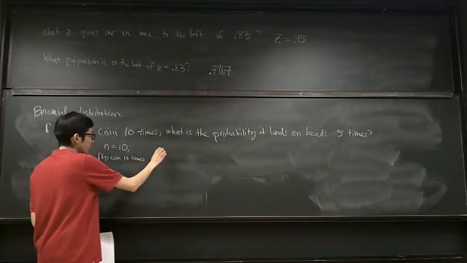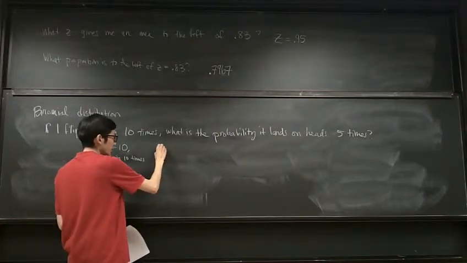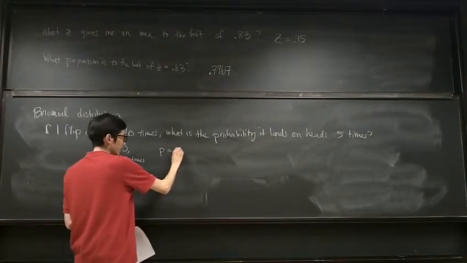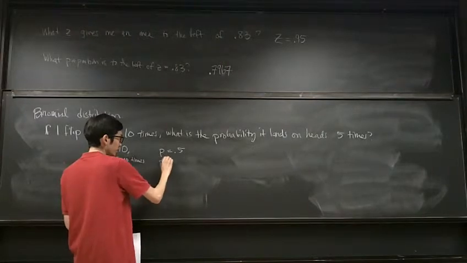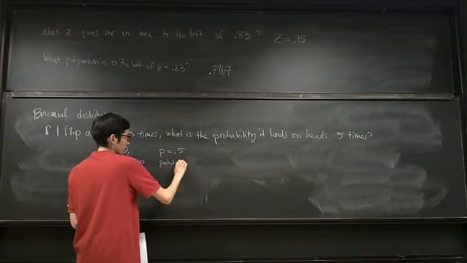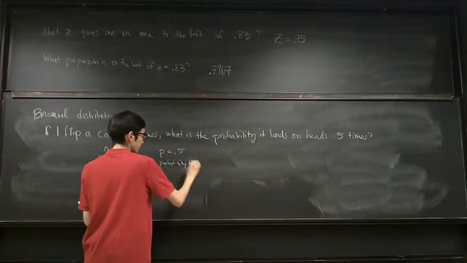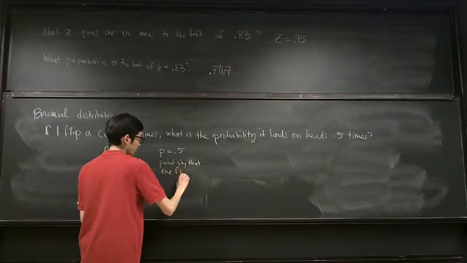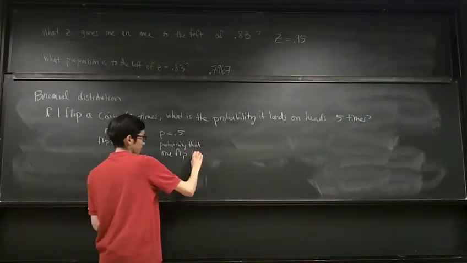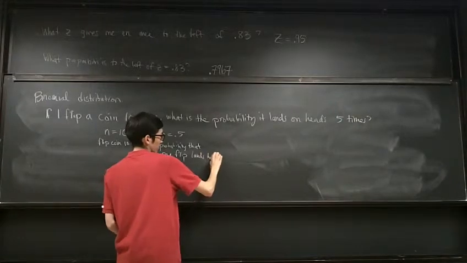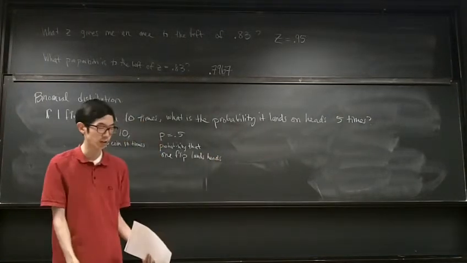Each coin flip has probability of 0.5 landing on heads, okay? This is the probability that one coin flip lands heads. Okay, that's P equals 0.5.